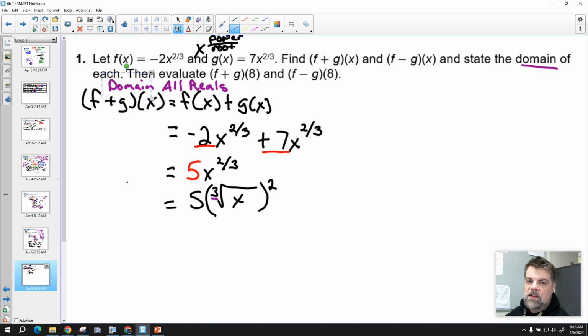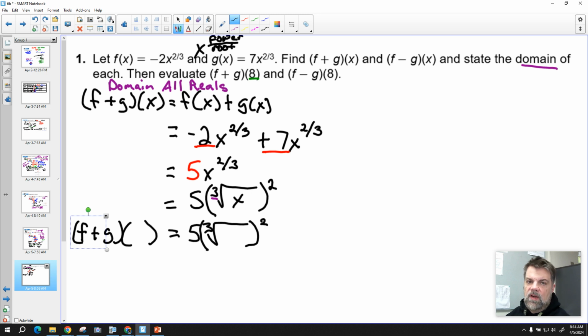Okay? And then lastly, we're asked to evaluate this at 8. So again, what I'm going to do is I'm going to write the very formal notation. I'm going to say f plus g of 8 is equal to 5 times the cube root of 8, and then whatever that is, I'm going to square it. Right?